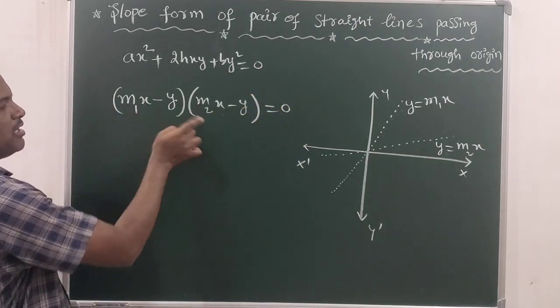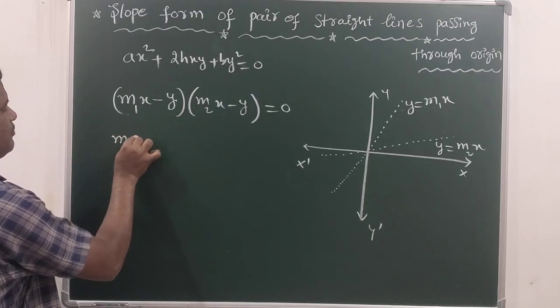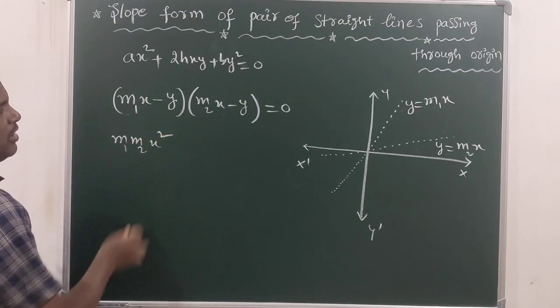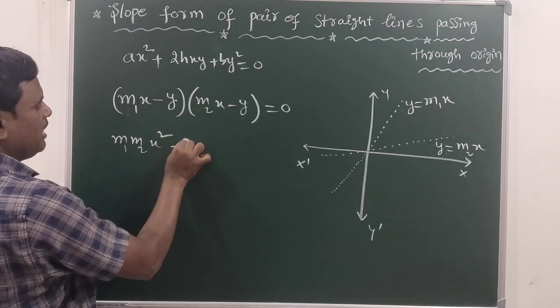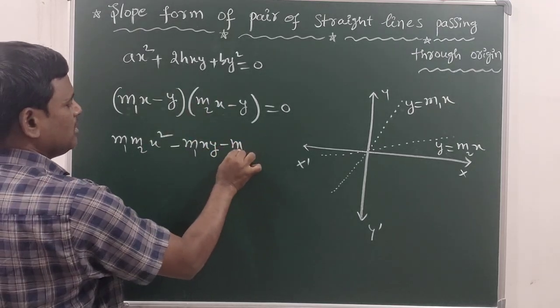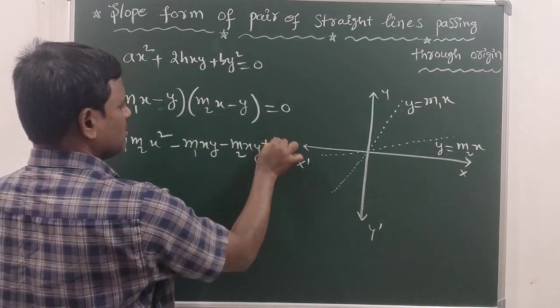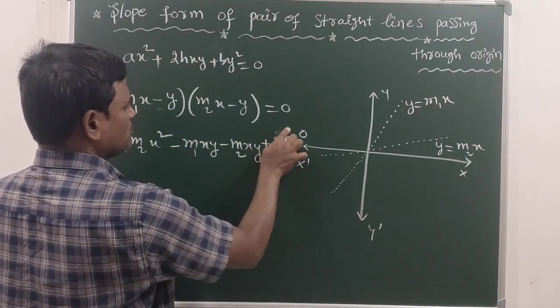Now take the product of these two binomials, m1 into m2x square, and multiply this with this, you get m1xy. Multiply this with this, m2xy. Now minus into minus plus y square, which is equal to 0.